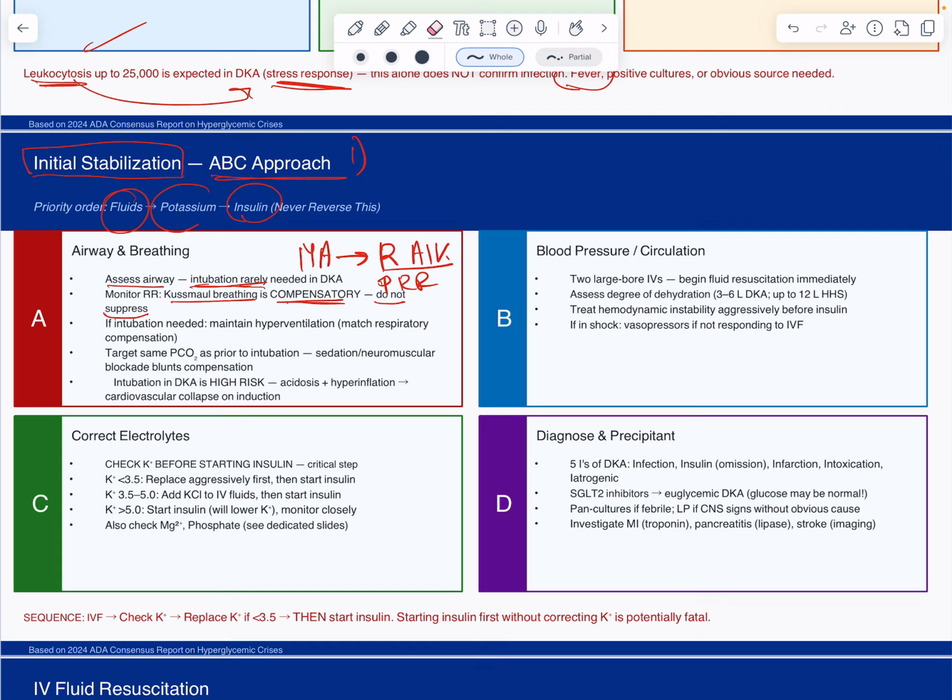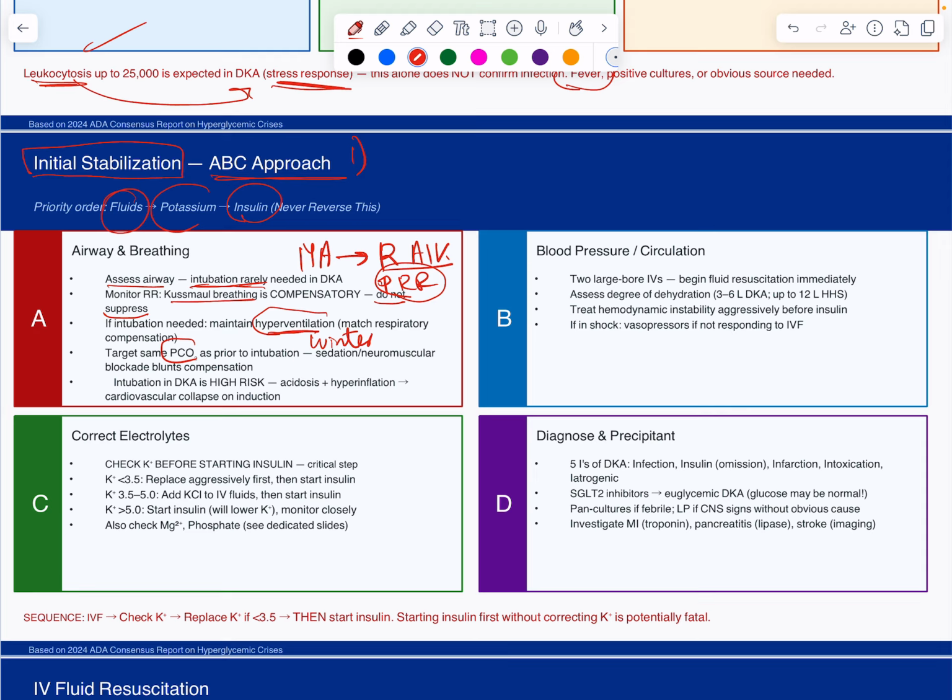If there's intubation needed, you will need to provide hyperventilation. Remember, the normal compensatory mechanism is to increase the respiratory rate. So if you put these patients on mechanical ventilation, you will need to increase the respiratory rate and cause some kind of hyperventilation. And if you intubate and put them on mechanical ventilation, you will need to target the PCO2 according to Winter's formula.